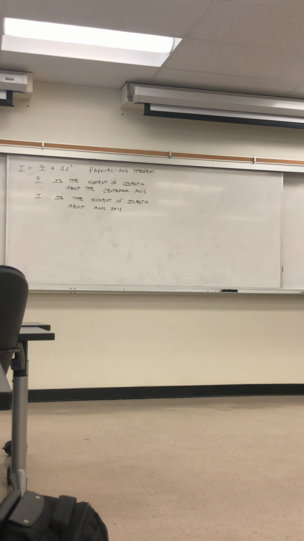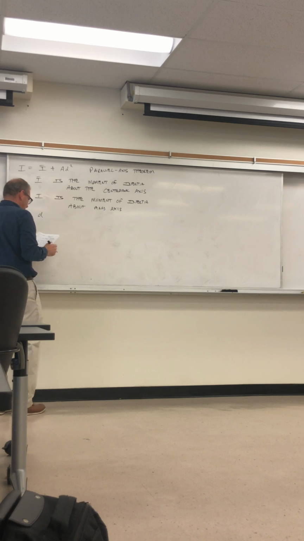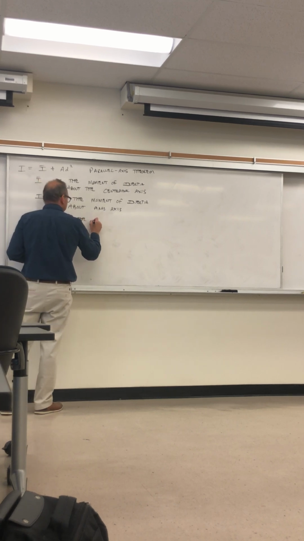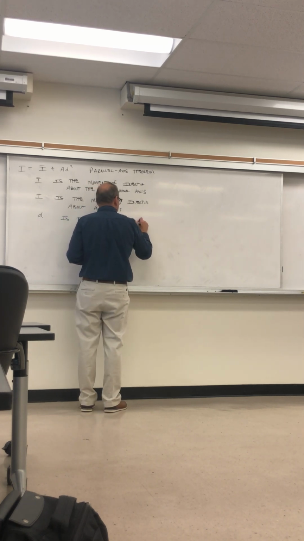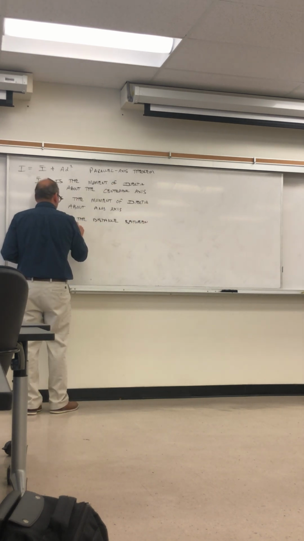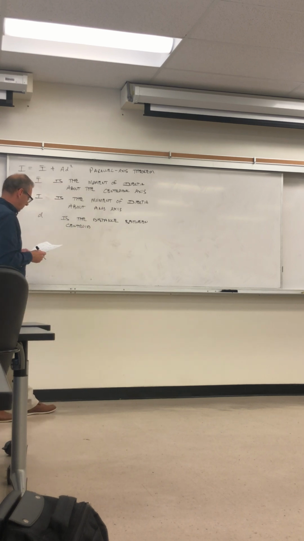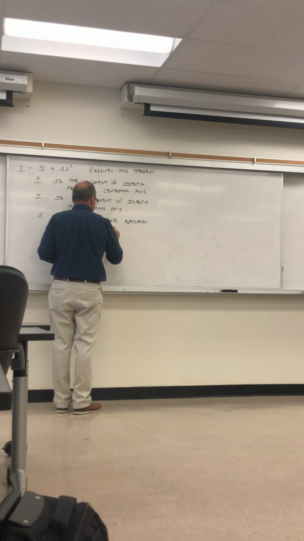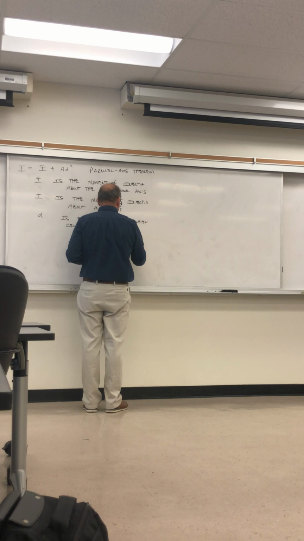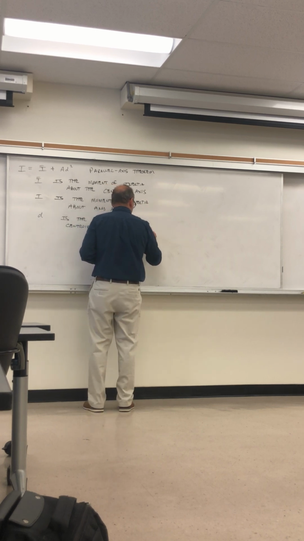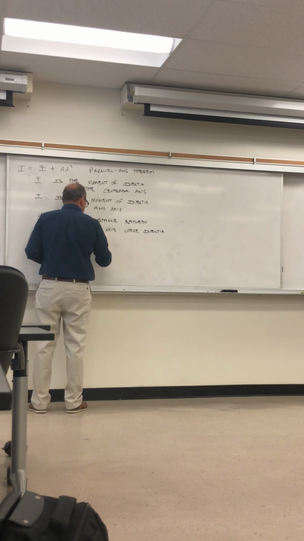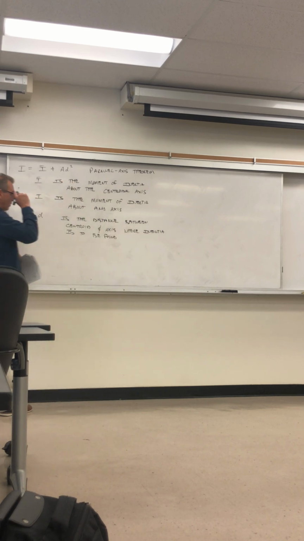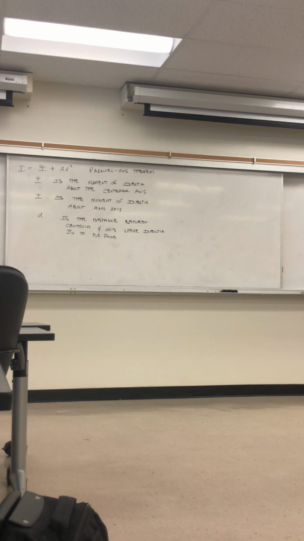I, the left side of the equation, is the moment of inertia about any axis. d is the distance between the centroid and the axis where the inertia is.